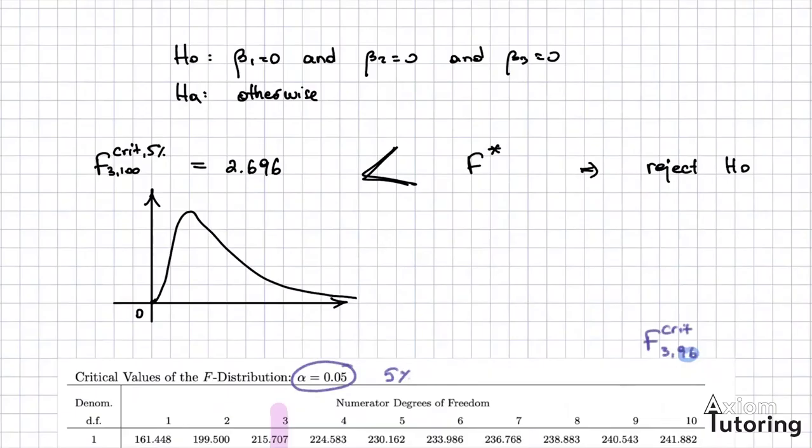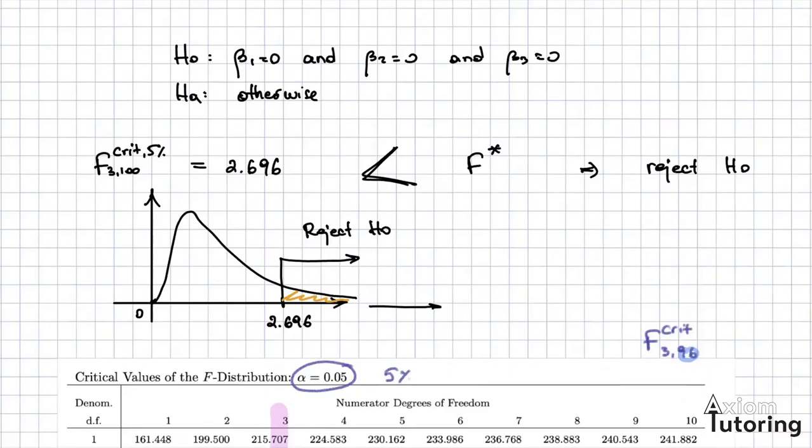What I can do is put my F critical here, the 2.696. Anything to the right of this is where I reject my null hypothesis, and very clearly the 21 would have been in this right tail somewhere very far out here, which means, yeah, we have evidence to reject the null hypothesis.